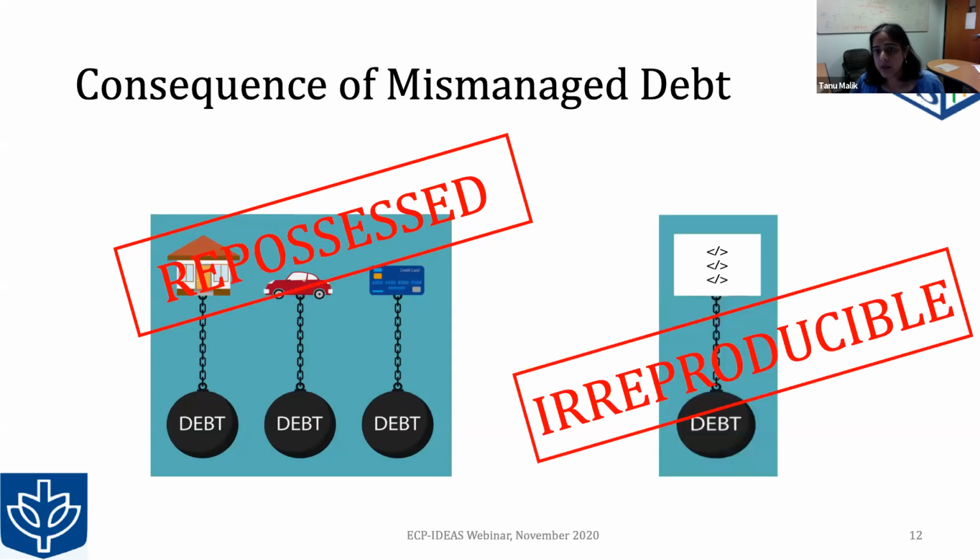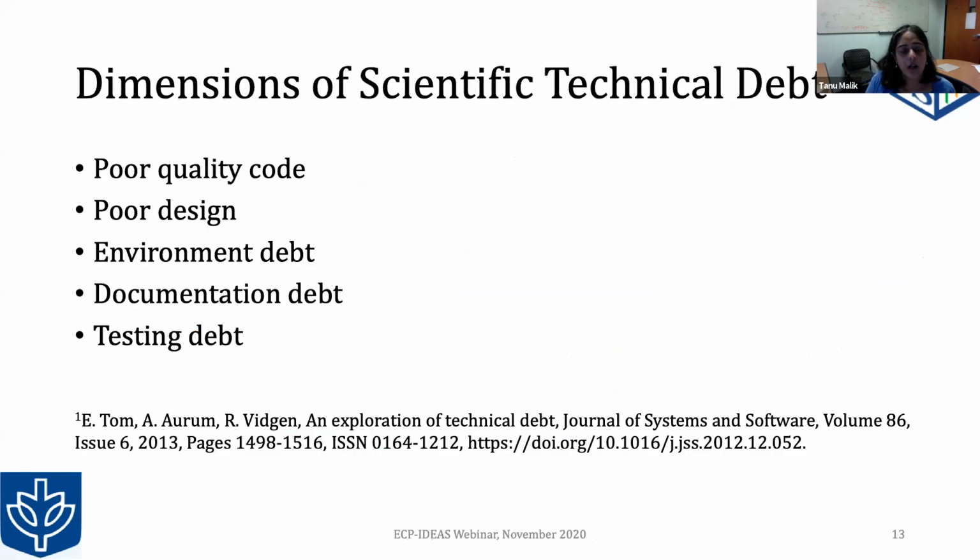Well, increasingly, it is going to be marked irreproducible, and we know that if such a badge is given to a publication, it impacts citations and it impacts reputation. So people do want to avoid this badge. So let's go back to our dimensions of technical debt and see what we can do to address them so that we do not get such badges.